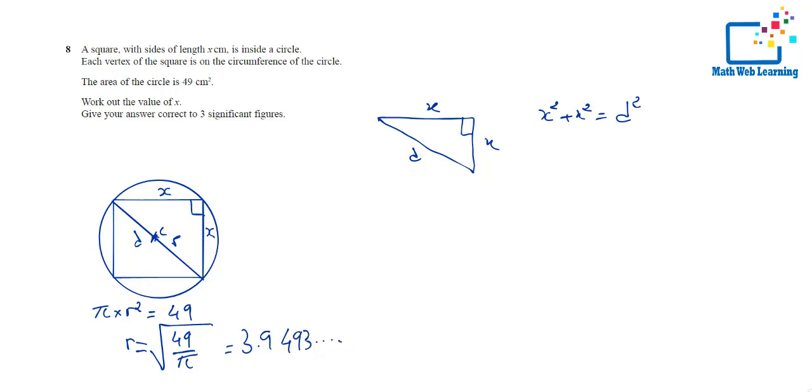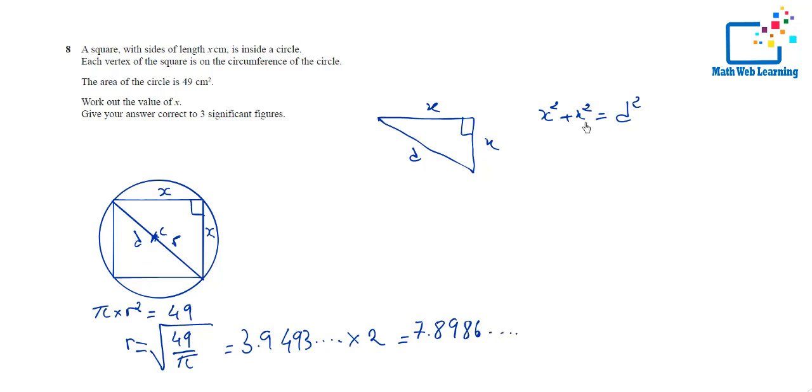I'm going to leave it there. But it's not the radius I need, it's the diameter, so I need to multiply this by 2, while you still have all the digits on your calculator. Times 2, and that gives me 7.8986 and so on. Leave it there.